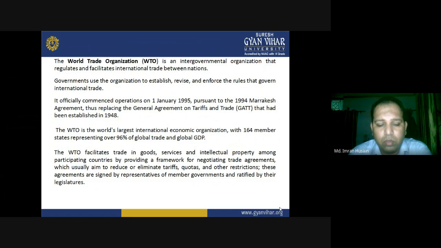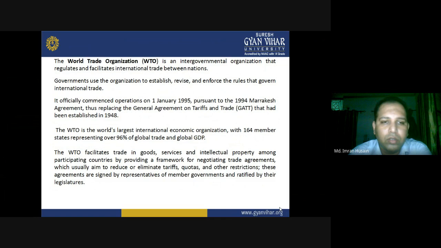So most of the time, it is very beneficial for the country's economy, so that they can develop new trade relationships with other countries. And it officially commenced operation on 1st January 1995, pursuant to the 1994 Marrakesh Agreement, thus replacing the General Agreement on Tariffs and Trade (GATT) that had been established in 1948.